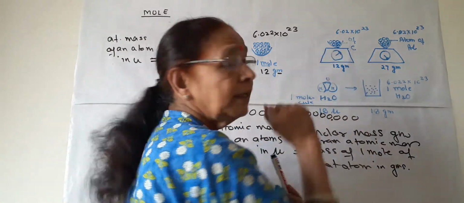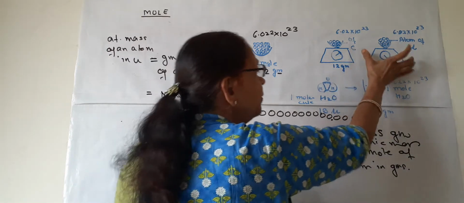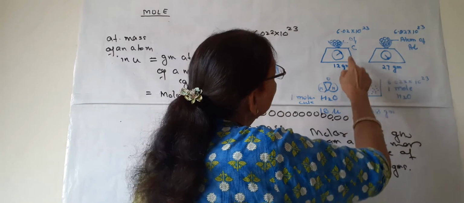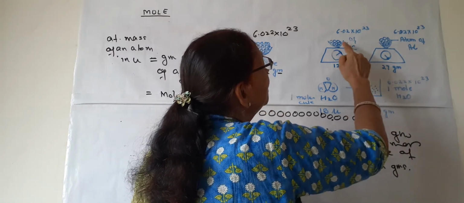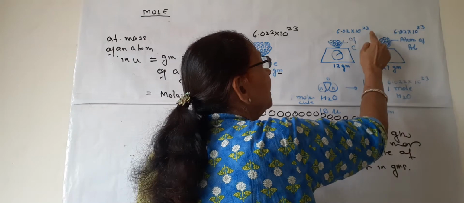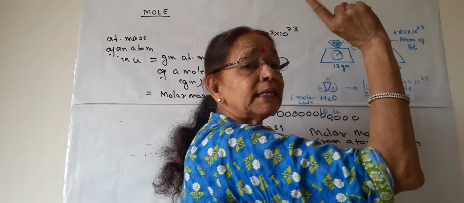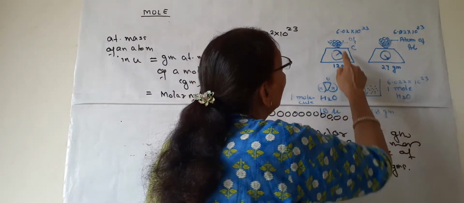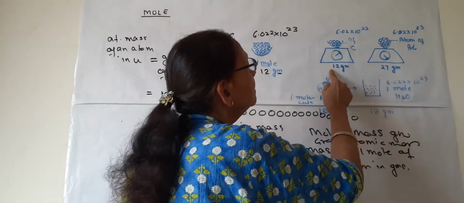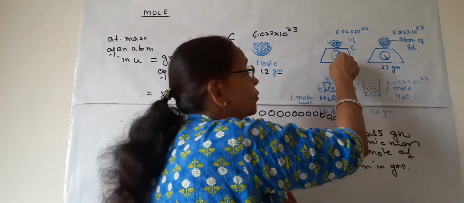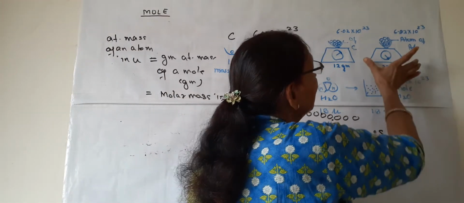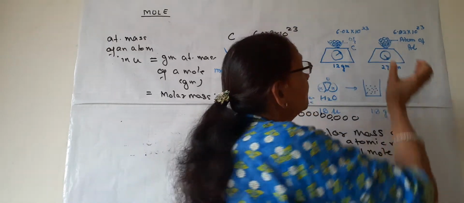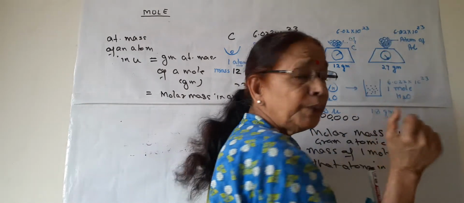We can see in this figure also, these are two weighing balances. Here again I have written carbon. In this bowl, carbon atoms are present and the number of atoms is this, that is, 1 mole. So many atoms form 1 mole and its mass is 12 grams. This needle shows 12 grams. Likewise, in the other bowl, suppose so many atoms of aluminium are present.